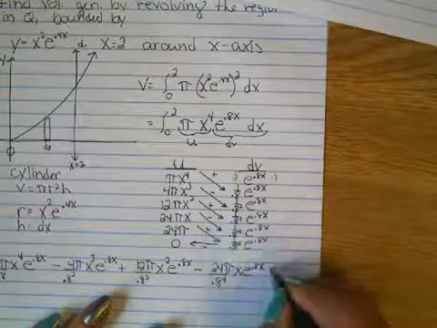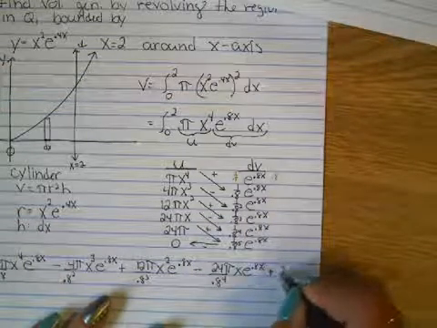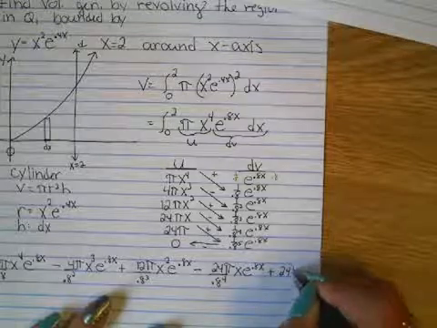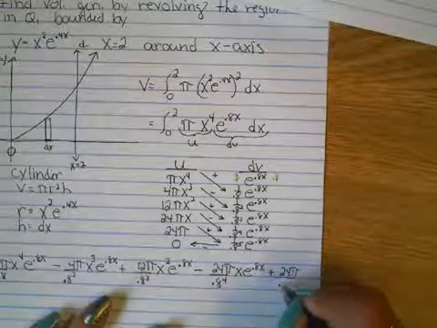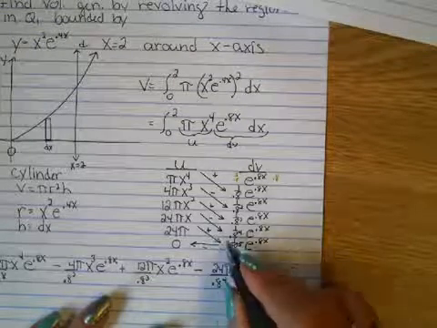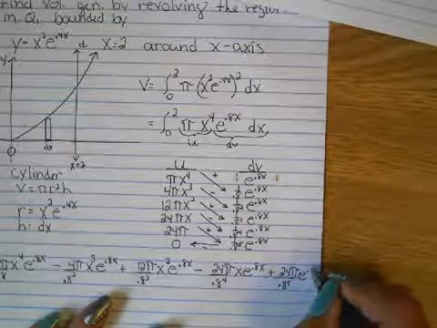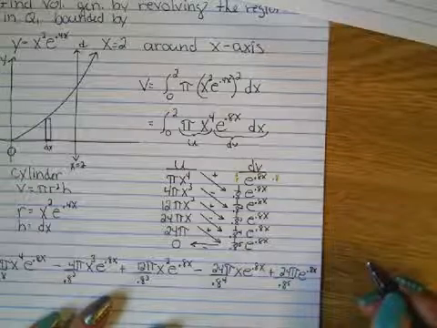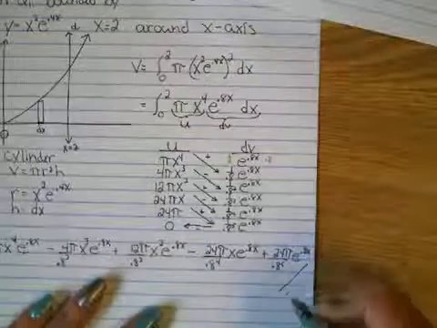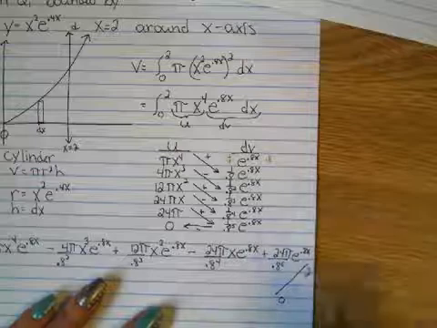And the last one is plus 24 pi over 0.8 to the 5th e to the 0.8x. All of that evaluated from 0 to 2.